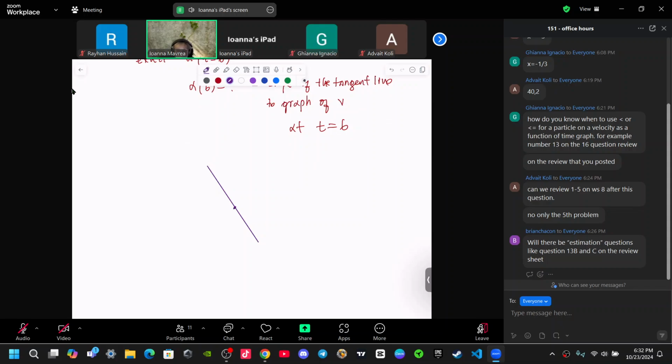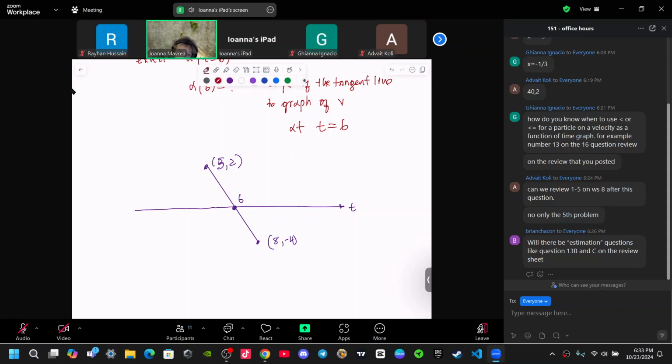So here's where 6 is. This is the t-axis. And this is the point 5,2. And this is the point 8,-4. And this is where 6 is.